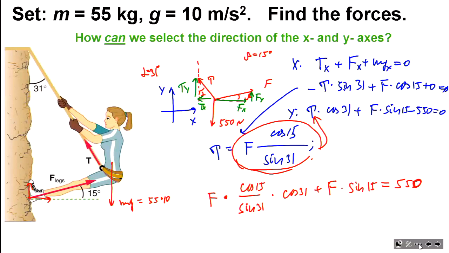And now I can solve this equation for force. So what can I do? I can solve it because this variable F is a common factor. Pull it out, parentheses, and do mathematics. 550 divided by what's going to be in the denominator: cosine 15 over sine 31 times cosine 31 plus sine 15, and so on.